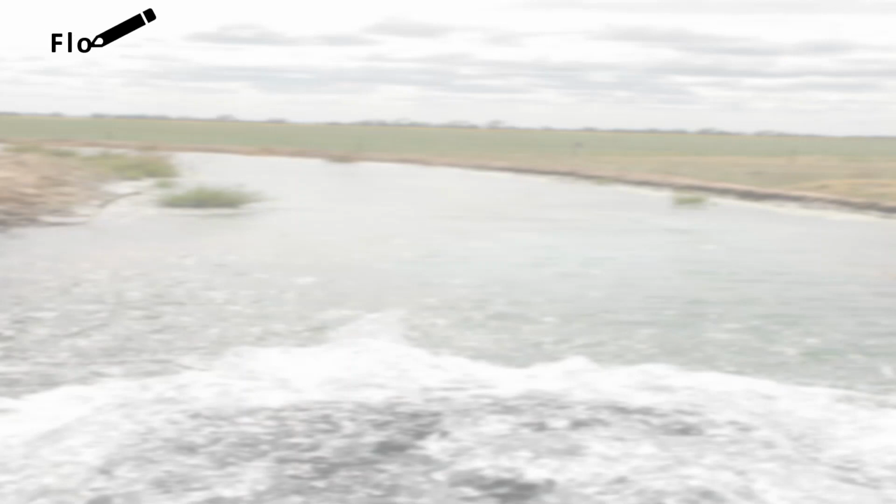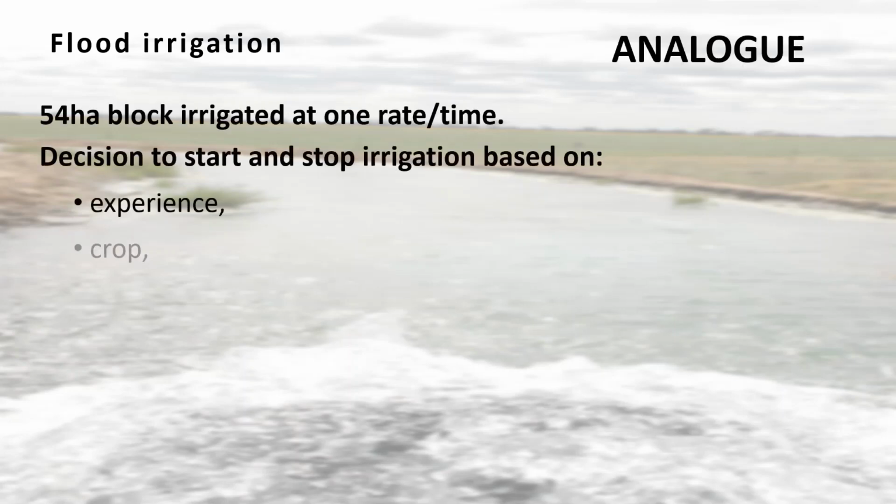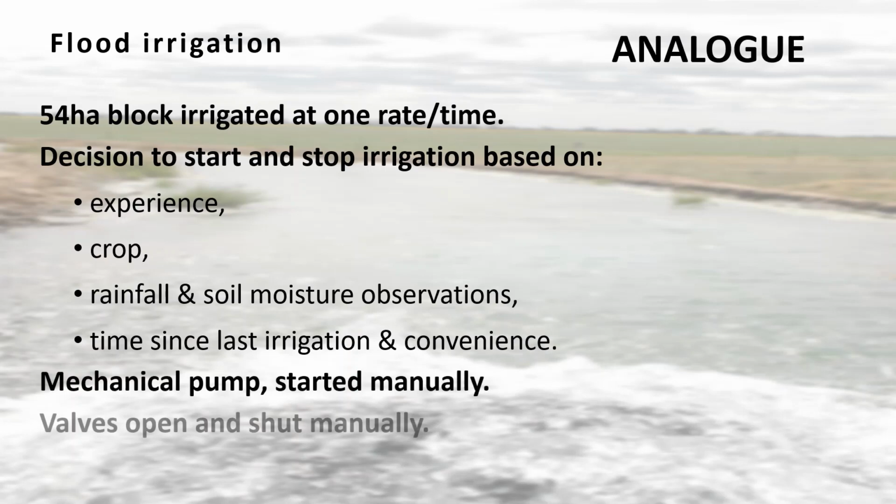This example of flood irrigation is the best I've come across to illustrate differences between an analogue, precision and fully digital process. Now I know none of you are irrigators, but this analogue system was run on a 54 hectare block of sugarcane.